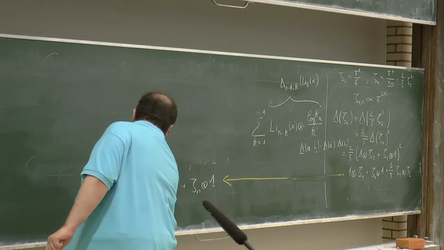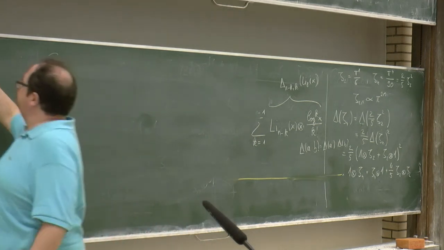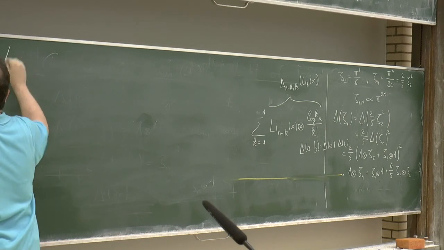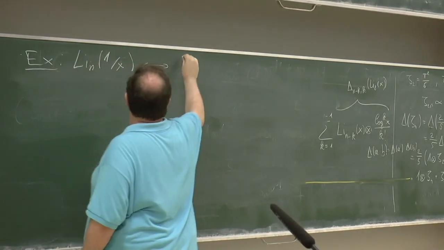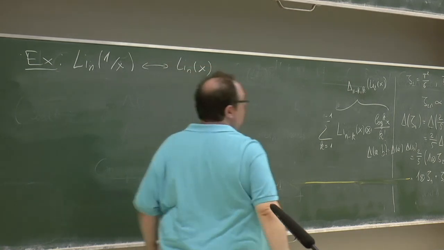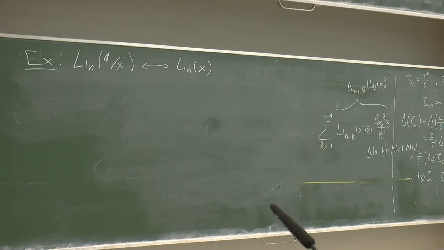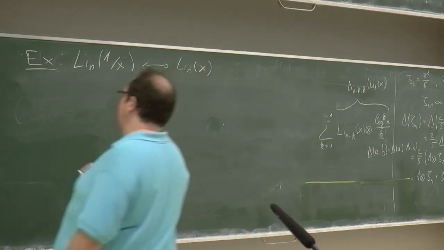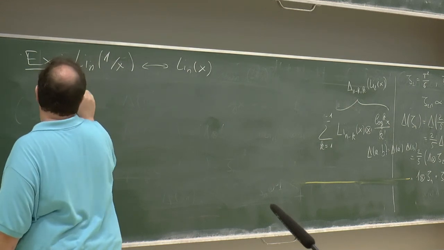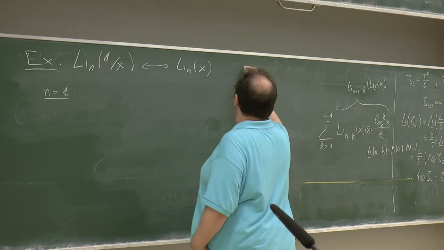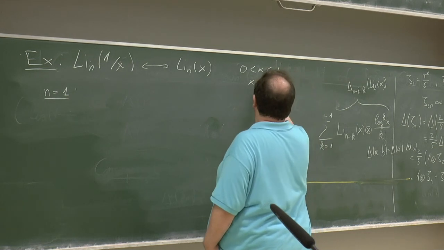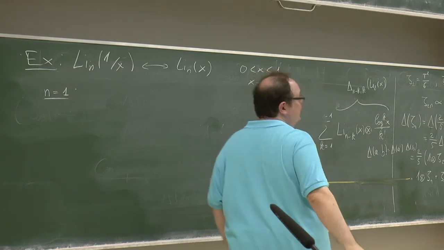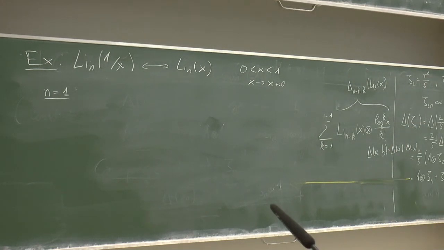Let's look at another example. So what about things like Ln of 1 over x? Can I somehow relate that to Ln of x? Well, let's proceed step by step. First n equals 1. And just to be concrete, let me say x lies between 0 and 1, and I decide, the physicist way, that x has a small imaginary part, so that I know what the log is.